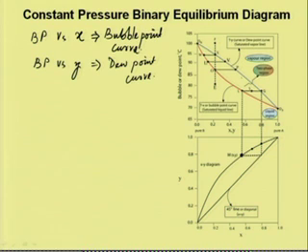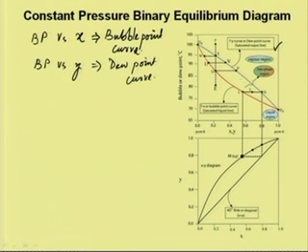A typical bubble point and dew point curve is plotted over here. So, the upper curve here is the T y curve or the dew point curve, that is, each point on this curve represents the saturated vapor, and the lower line is the T x or bubble point curve.